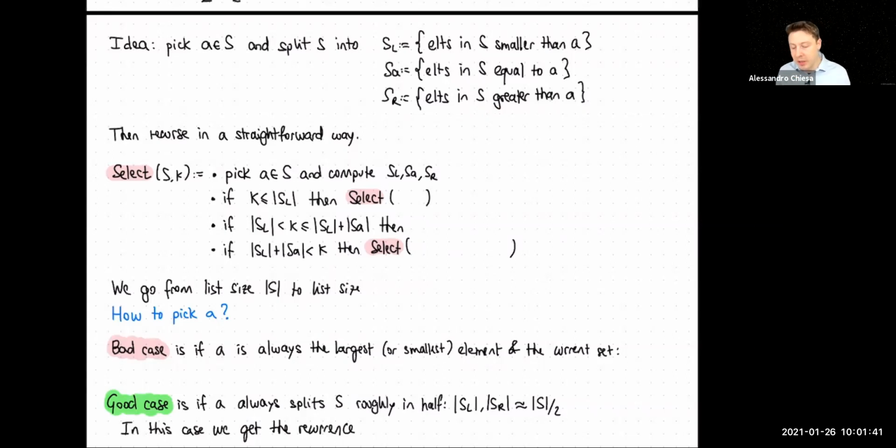And then we're going to recurse in a straightforward way. We're going to pick A somehow. We'll talk about somehow in a moment. We're going to compute these lists. By the way, how expensive is it, given an A, to figure out these 3 lists? Linear, right? Because I just scan. I have A in my hand. I have a list in front of me.